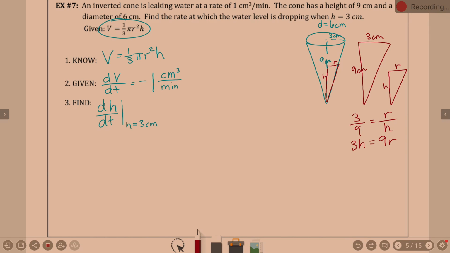What did I say I wanted to get rid of? r. So if I divide by 9, r is 3/9, or 1/3 h.